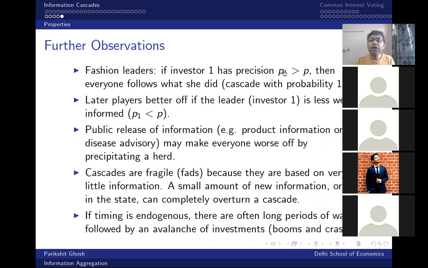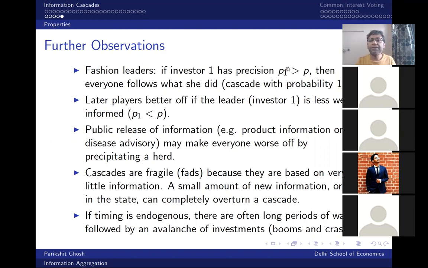Now, if P1 is only slightly better than P, this is going to lower overall welfare, right? That should also be obvious. When everybody has signals of the same quality, the first several signals with some probability may get aggregated, right? The decision in the long run may not depend just on the first signal. It may depend on the first few signals.